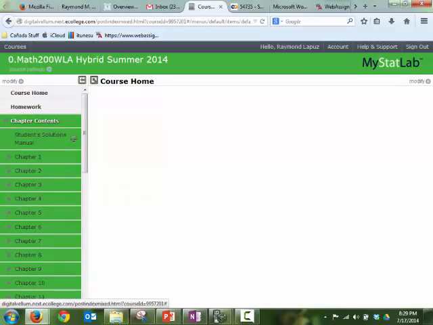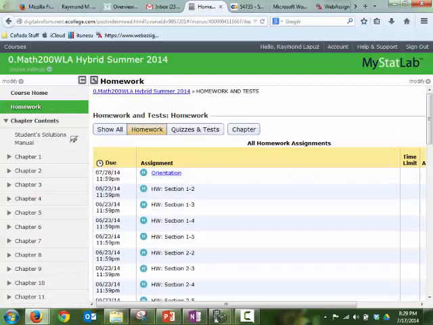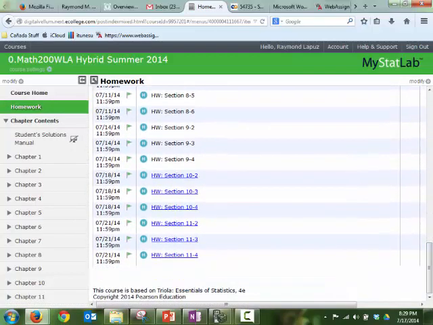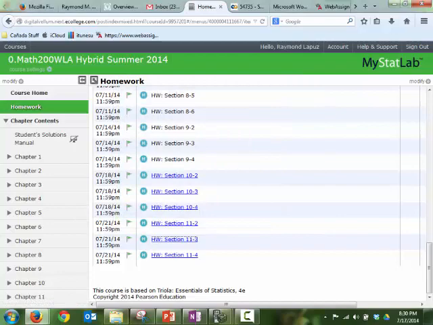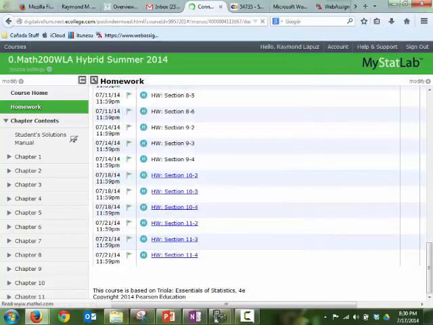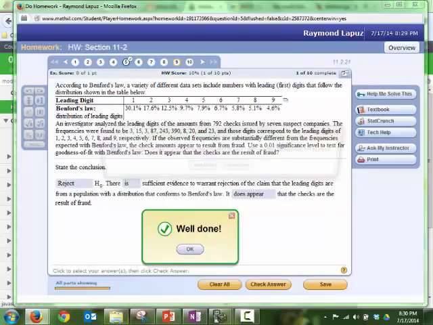So we are in section, what section? They're all multiple choice? And continue. So looks like they're all going to be multiple choice.